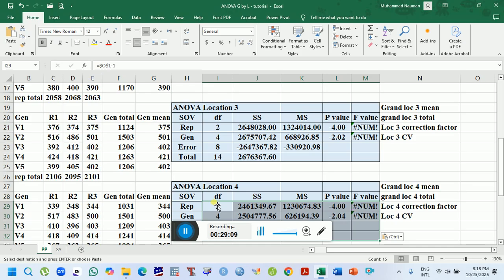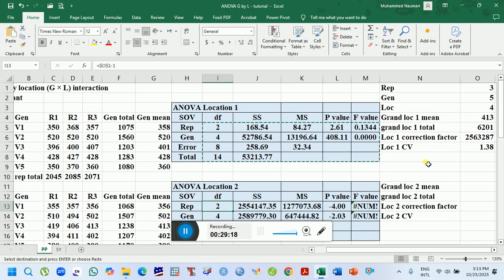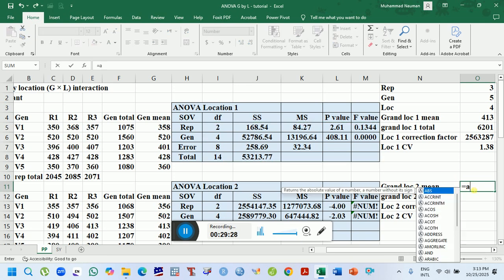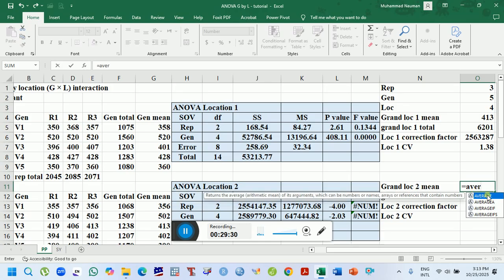Now we will calculate the correction factor for each location. Grand mean for location 2 is equal to average. Double click on average. Now make the selection.